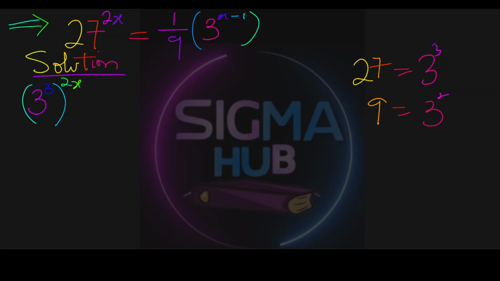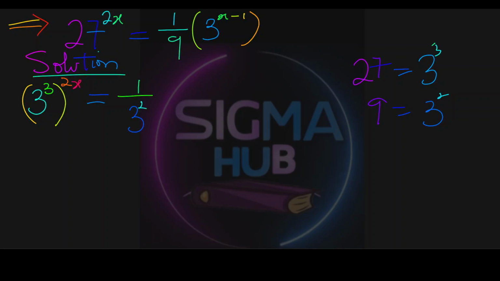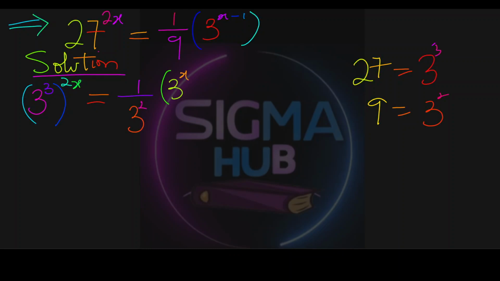So which is going to be equal to 1 over, so instead of me writing 9 directly, I would say 3 raised to the power of 2, of course. Then multiplied by 3 raised to the power of x minus 1.